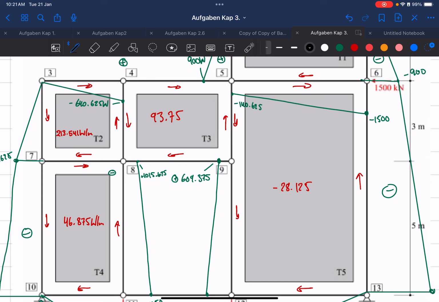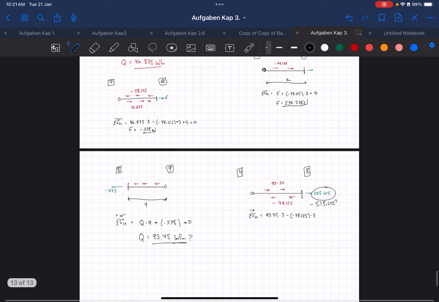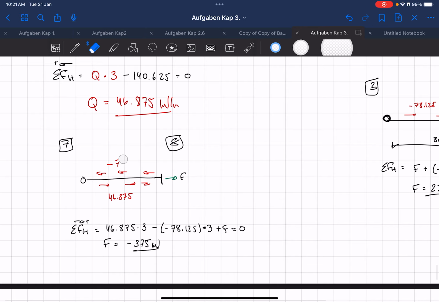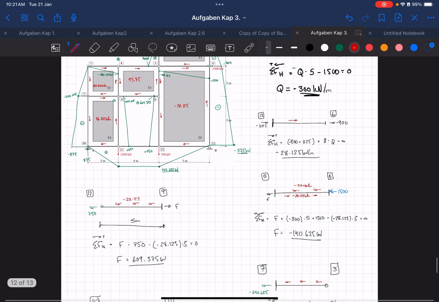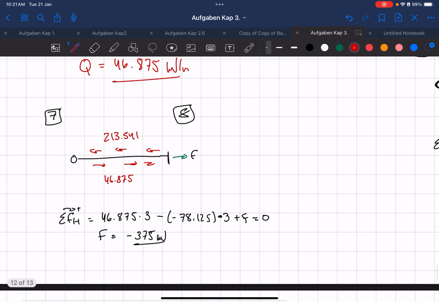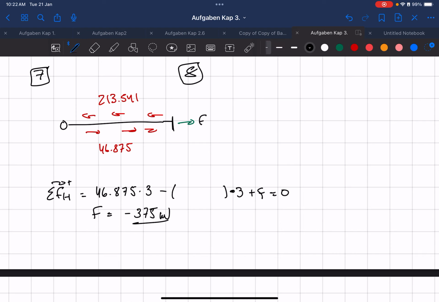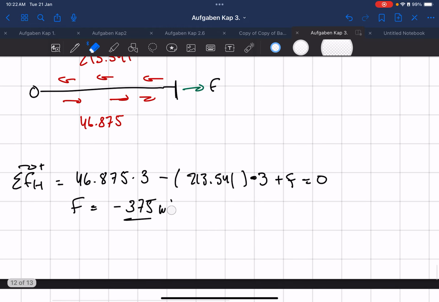So that means 7 and 8 is a different story. This is incorrect. So then 213.541 times 3 minus 213.541... 499.99, that's basically 500 kilonewton.